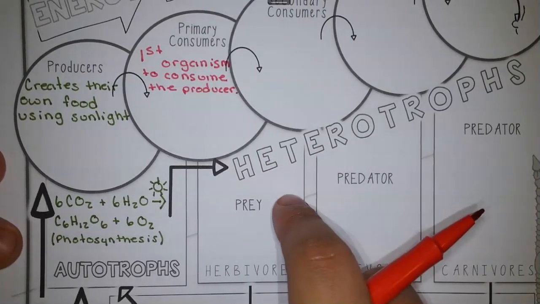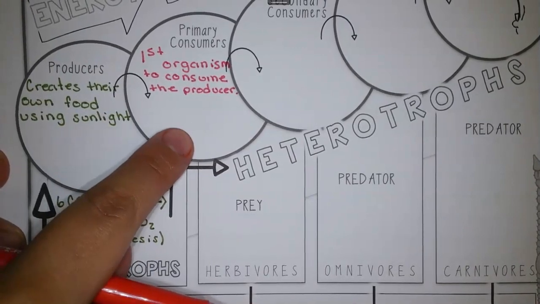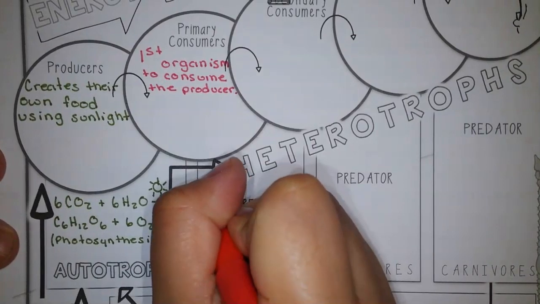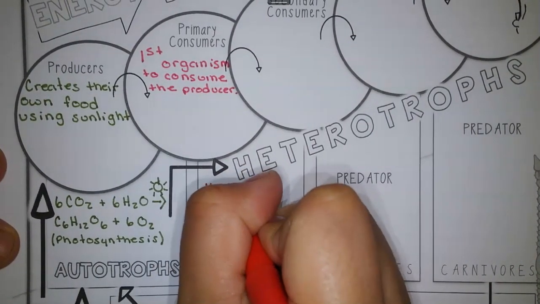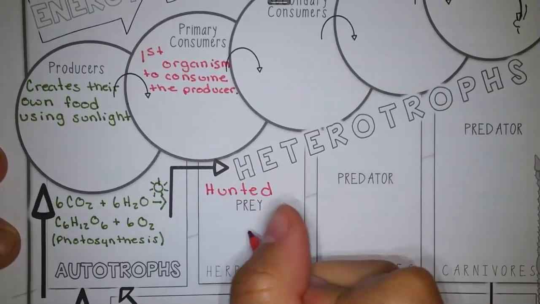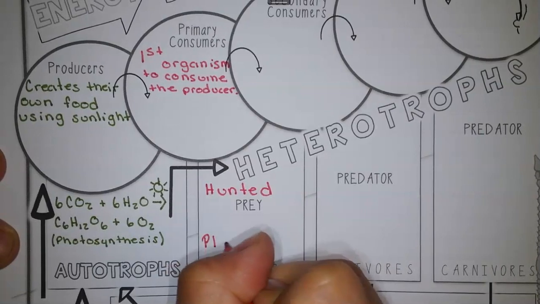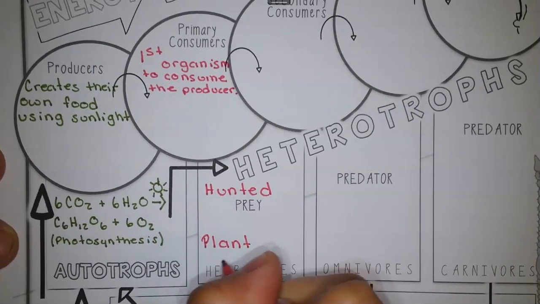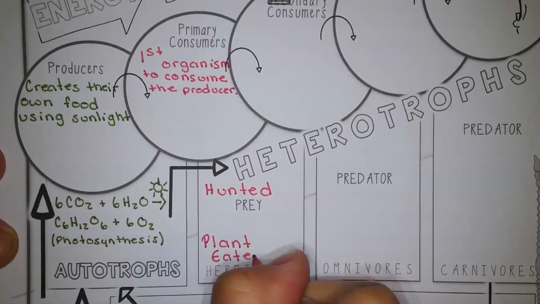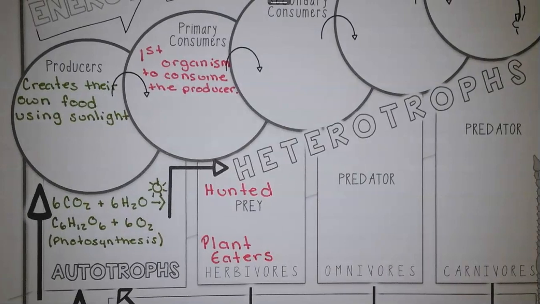This primary consumer will be a hunted prey. These are your plant eaters.